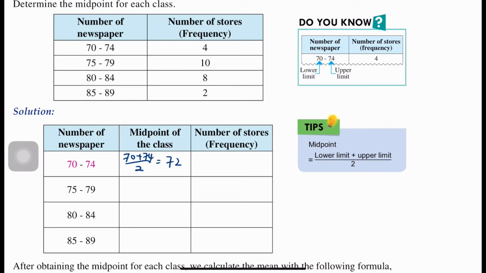Buat untuk semua. 75 plus 79 divide by 2, you will get 77. Next, 80 plus 84 divided by 2, you will get 82. And the final one, 85 plus 89 divided by 2, and your answer is 87. Then you rewrite the frequency: 4, 10, 8, 2.